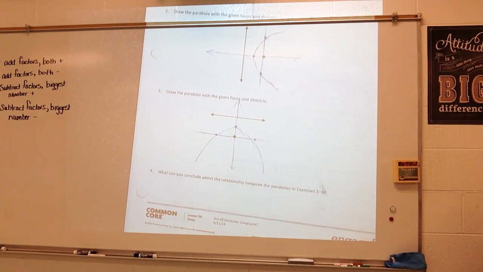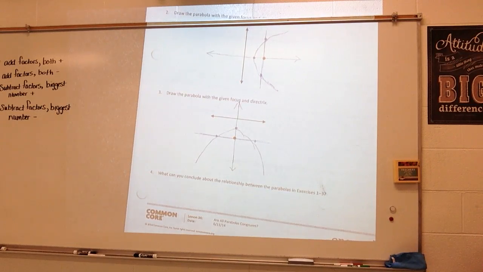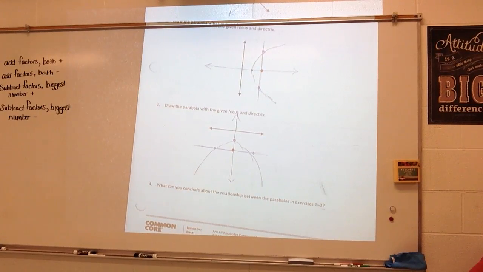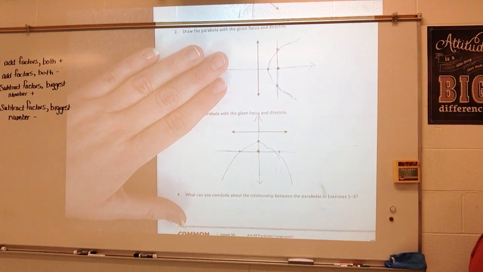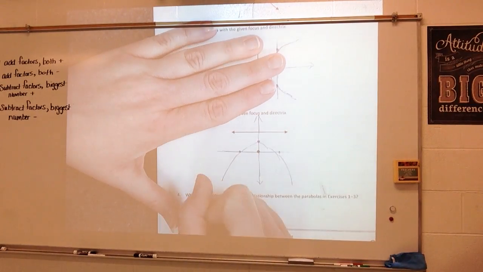What can you conclude about the relationship between the parabolas in exercises 1, 2, and 3? Well, if you look at them, they all appear to be about the same size and shape because the distance between the focus and the directrix stayed the same. So what do I know about these three parabolas? They should be congruent.